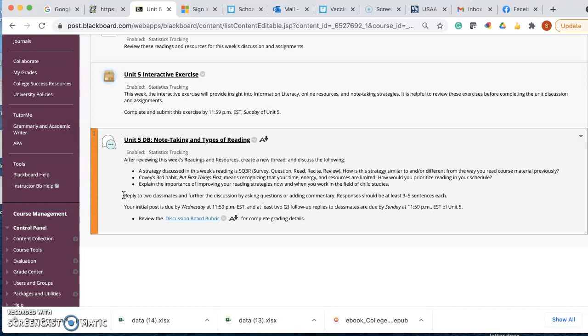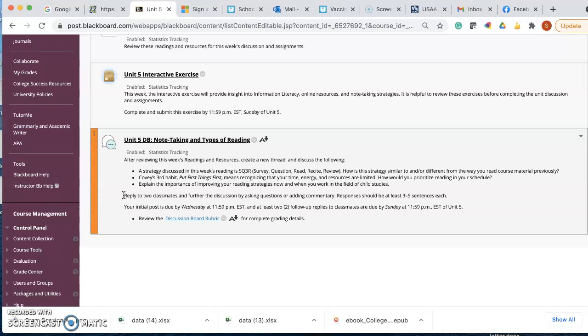I am seeing a fair amount of peer responses lately that just say, I agree with your post, or I like your post, but not really explaining why. So when you respond to peers, make sure that you're really sparking a discussion. Refer back to the reading that you've completed this week. So you need to make sure that you're doing all of your reading before you begin your discussion board response.